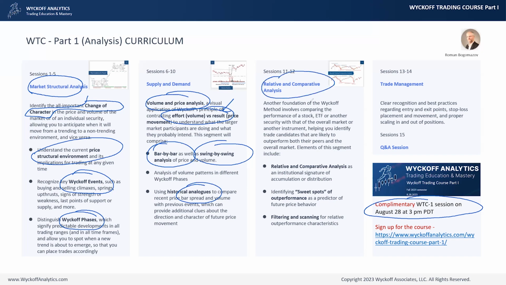Then we're going to have a couple of sessions on relative and comparative analysis. I know that a lot of you are familiar with this, but we're going to bring our own spin. And I always like to establish really good basics for you so that you would know how to do this correctly.